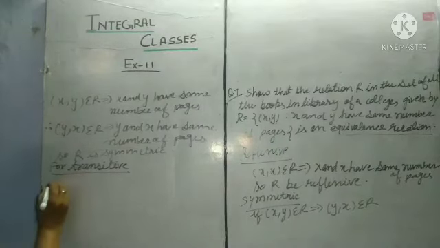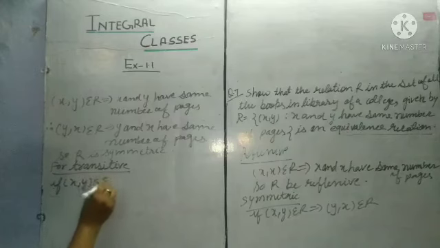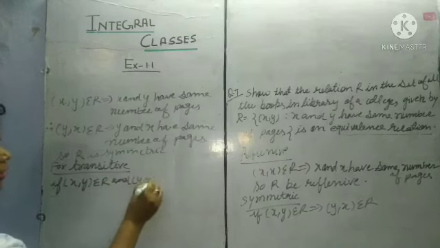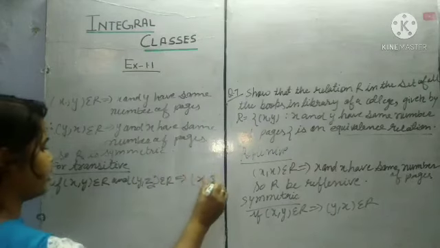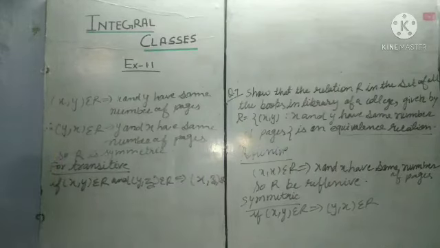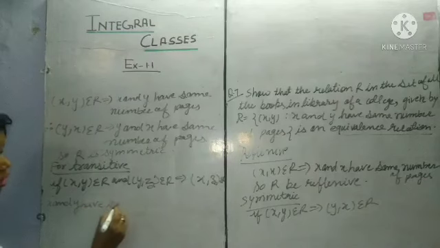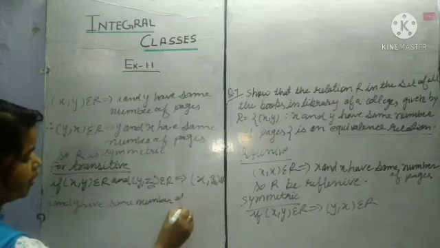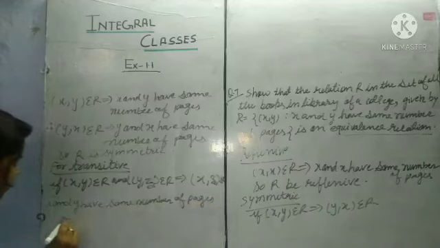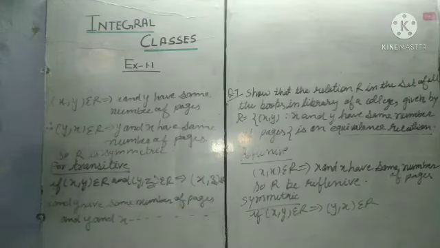For transitive, if (x, y) belongs to R and (y, z) belongs to R, then (x, z) should also belong to R. So student, now (x, y) belongs to R means x and y have the same number of pages, and y and z have the same number of pages.